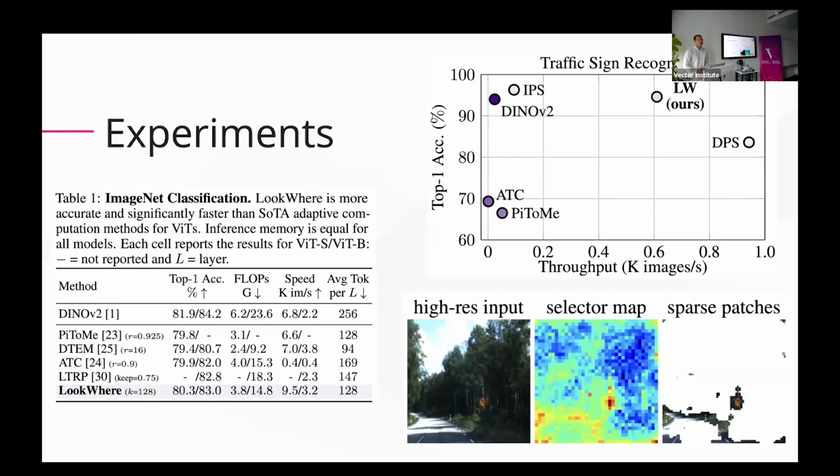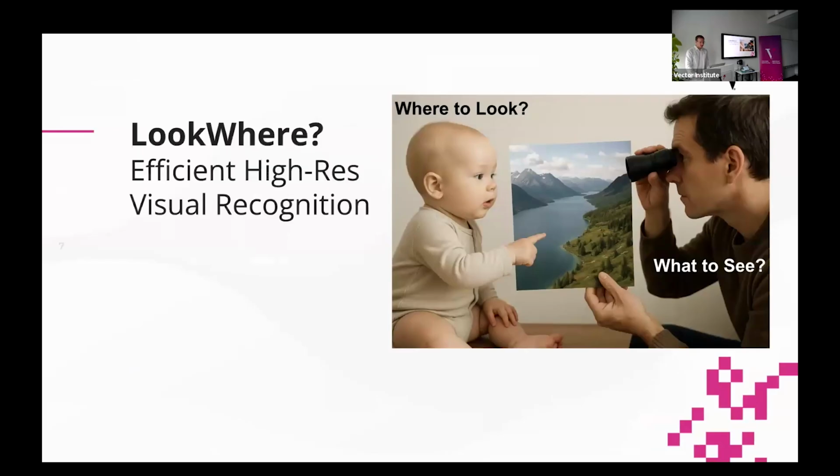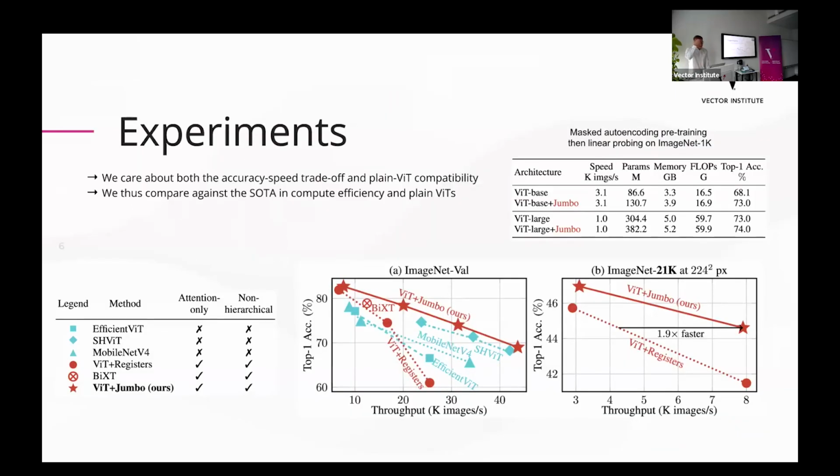Yes. Can you just highlight the benefit of each of the projects in one sentence? Okay, so Jumbo basically makes plain vision transformers fast. Beforehand, plain ViTs were really bad on ImageNet, so like 60%, which is considered quite bad, but we're in the mid-70s for the same speed.